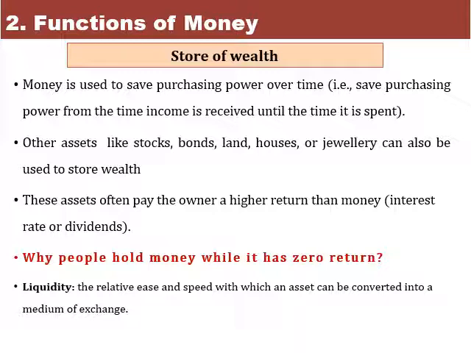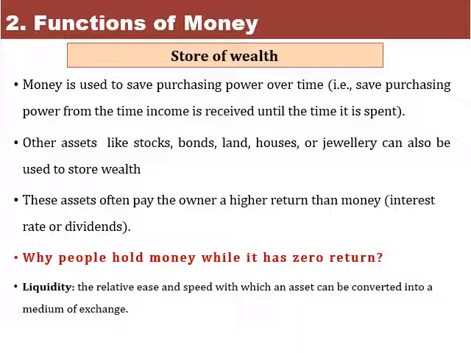And also, if you purchase a stock, then you can get a share of profits, which we call dividends. But if we keep our money in terms of cash, then we will not receive any return on the money. Also, if you hold some of your savings in terms of gold or houses, then you can get a return if the price of these assets increases.